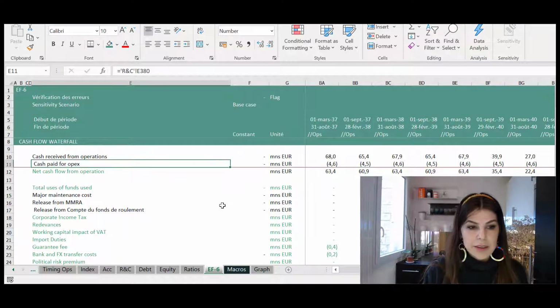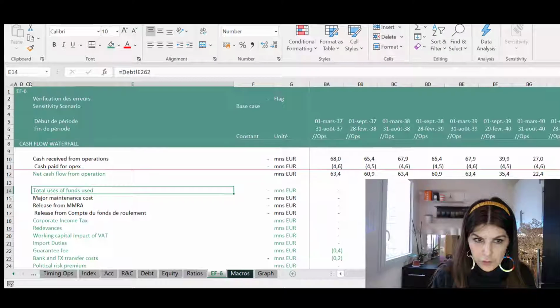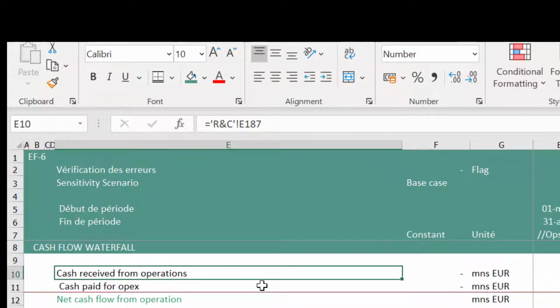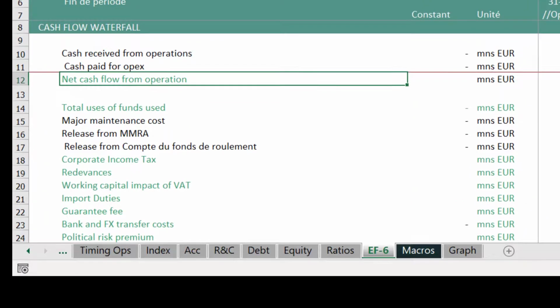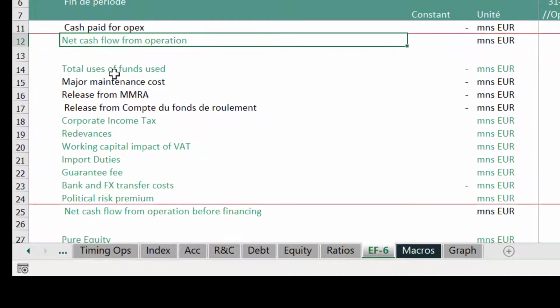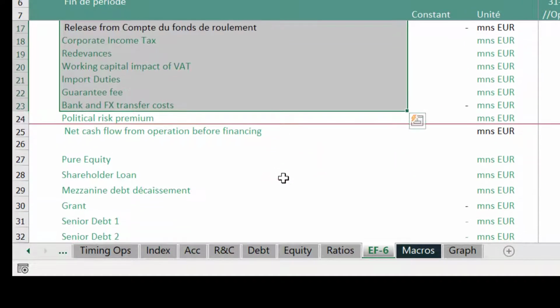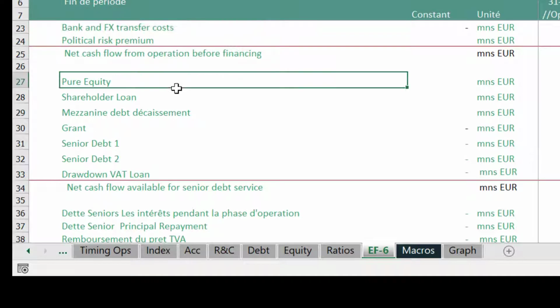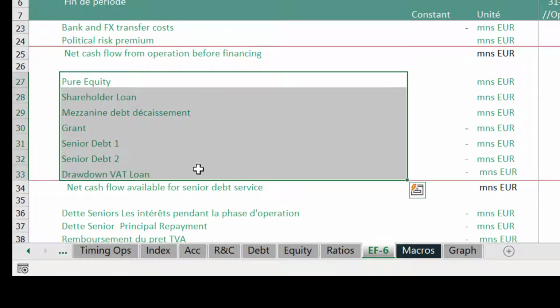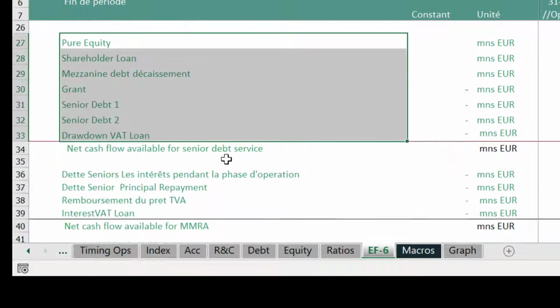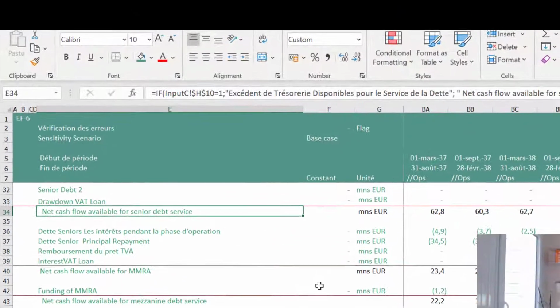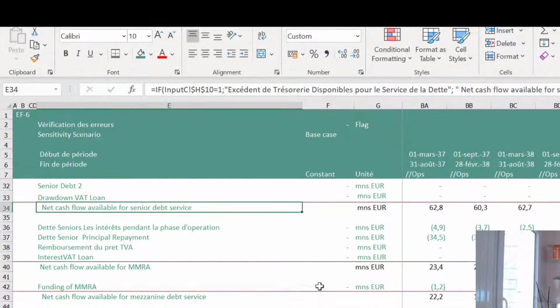So this is the cash flow waterfall for a project that I am showing you here. We have the revenues, we have OPEX, we get into the net cash flow from operation. Then we have all the other OPEX, major maintenance, working capital, taxes and everything. And then we have the instruments for financing the cost. And then we have the cash flow available for senior debt service.